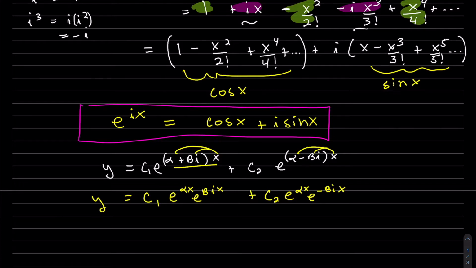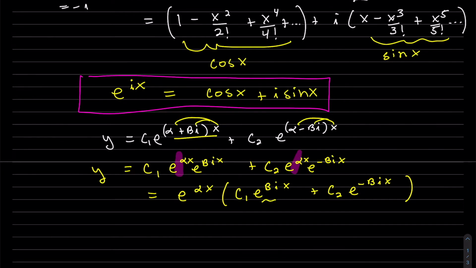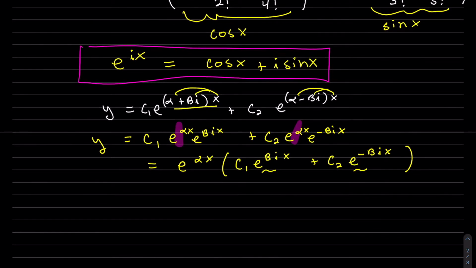And do you see that we can pull that out? It's in common. And now we can use Euler's on both of these. So let's do that. We'll need a little bit more room.